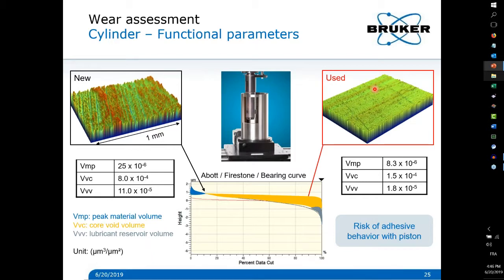So basically we are just stopping the piston from traveling. In that case, it's easy to see and quantify the evolution of VMP or VVV to understand whether the engine will run well or whether there is some change.